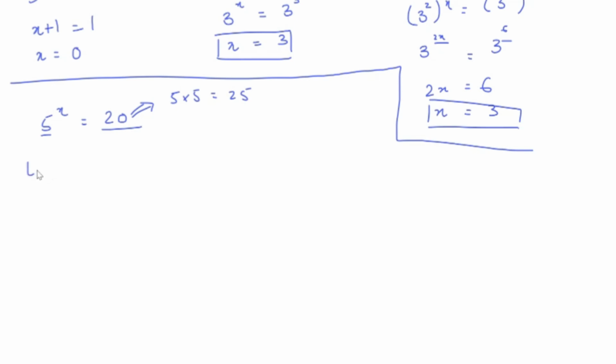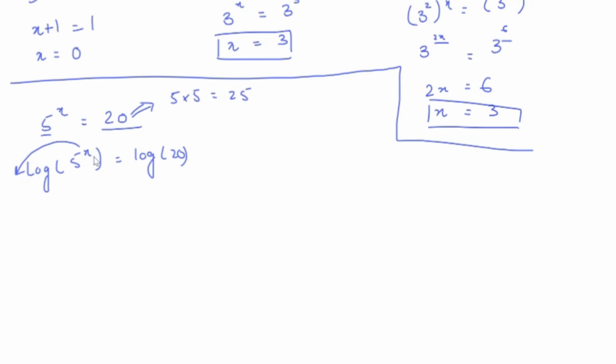Then we take log on both sides. So we take log 5 power x is equal to log 20. And when we have log of a value and it has a power, then we can simply take the power and write it here.